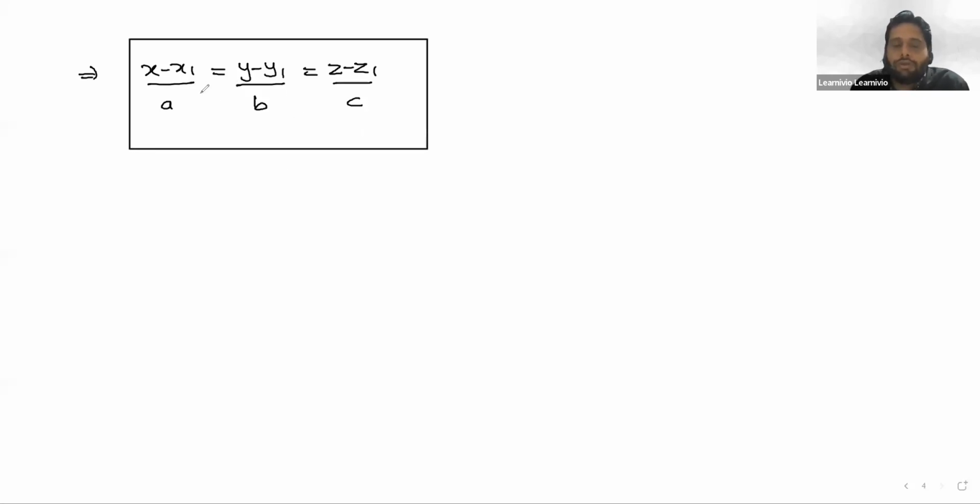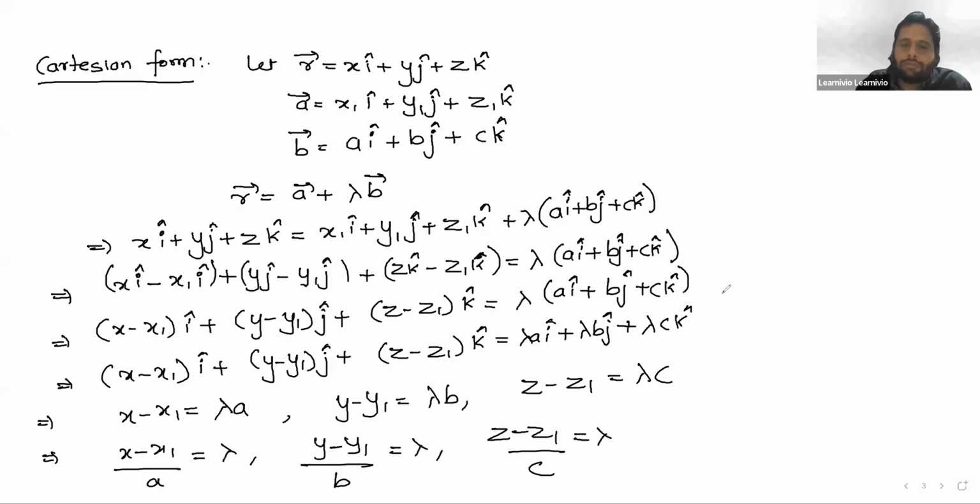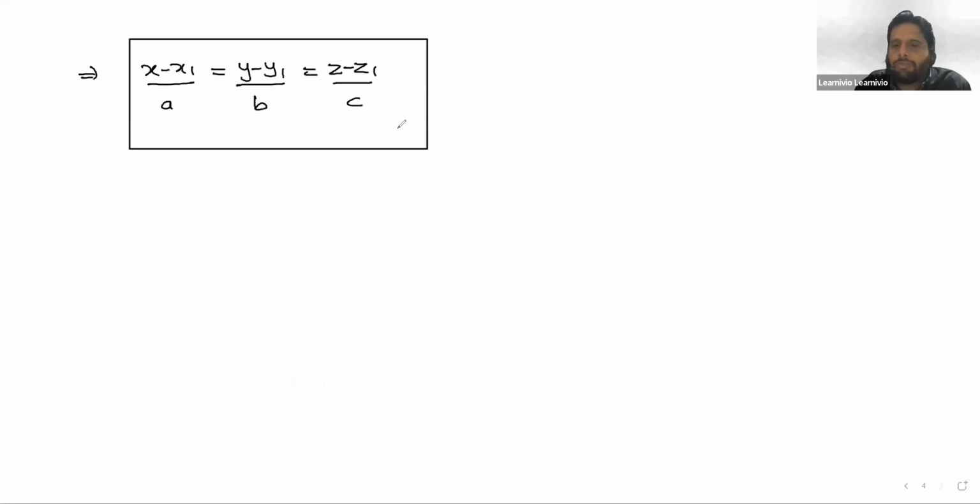Okay, so this is the Cartesian form. You can see here we have used x, y, and z. Earlier we had the vector form, that's why we used r there. Please note this down. What about lambda? There is no need to write it, because we just need x, y, and z.